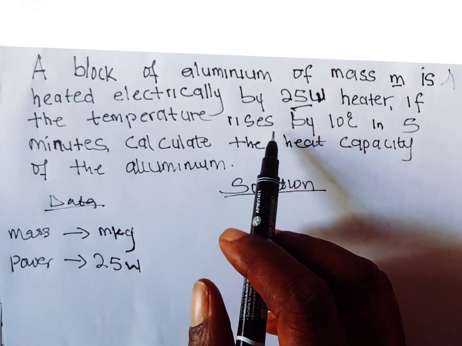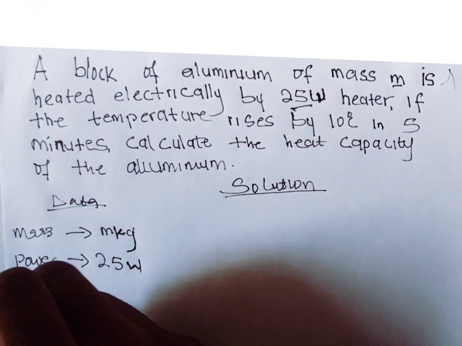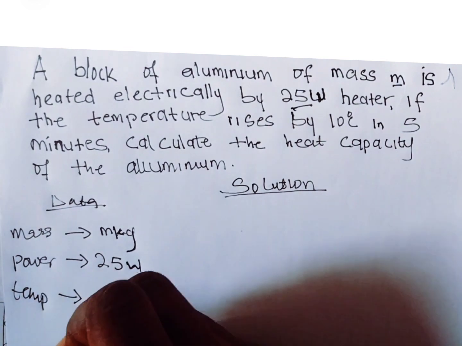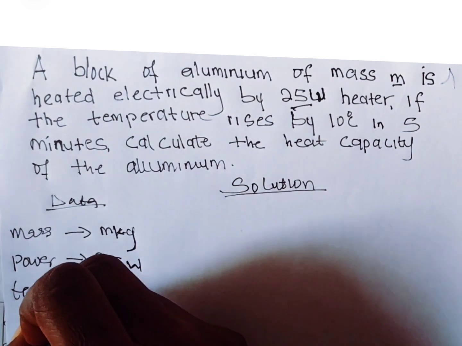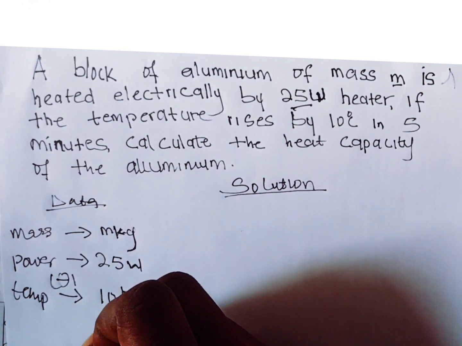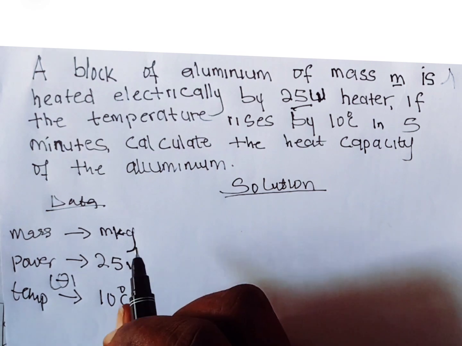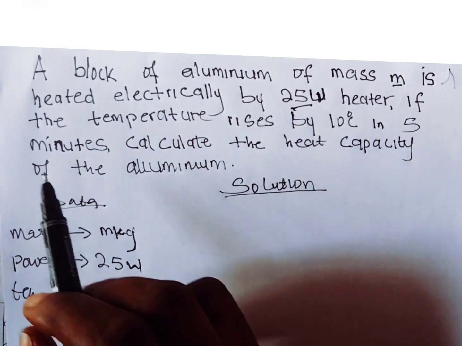What other data is given to us? The temperature rises by 10 degrees Celsius. So temperature change, which is denoted by theta, is 10 degrees Celsius. Is there another thing given to us? Yes. Time, 5 minutes.